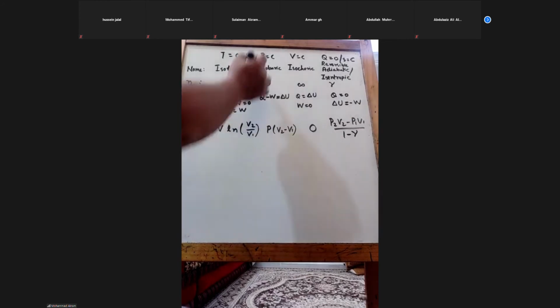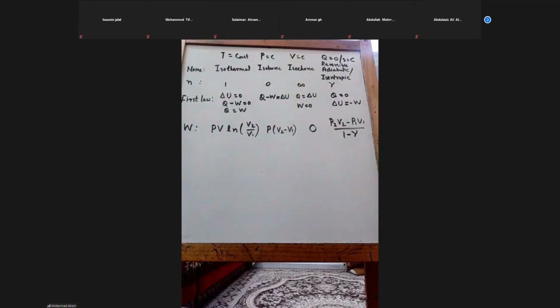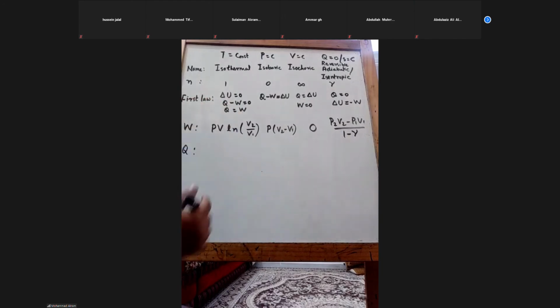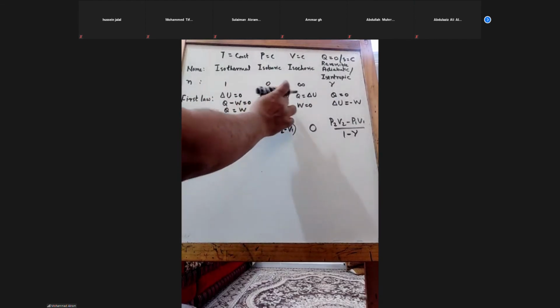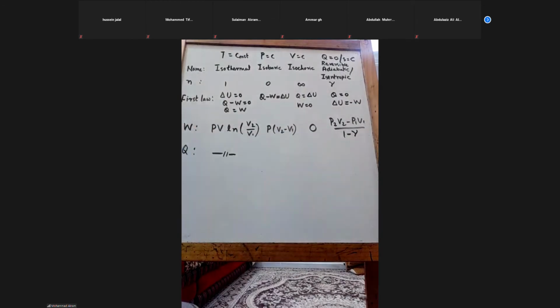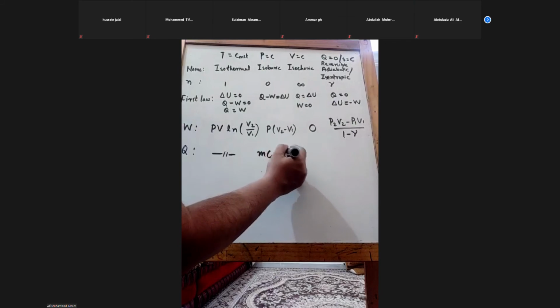Okay. You can make a partition here. If Q is there, then how to calculate Q? In isothermal, Q is equal to W, so the same equation will come. Here Q minus W is equal to delta U. W is P V2 minus V1. Then how to get the Q? To get Q, it will be M CP T2 minus T1.